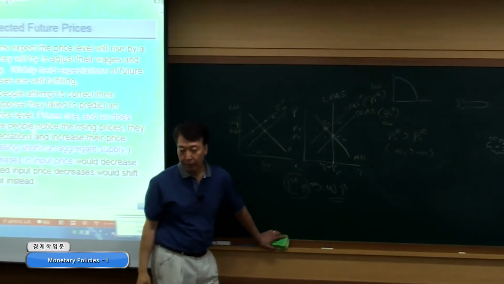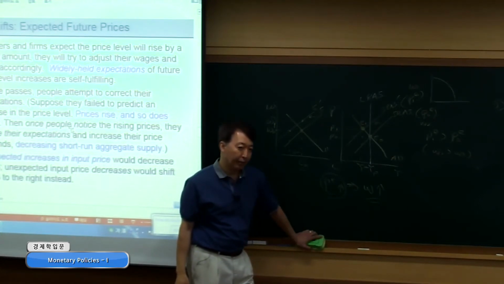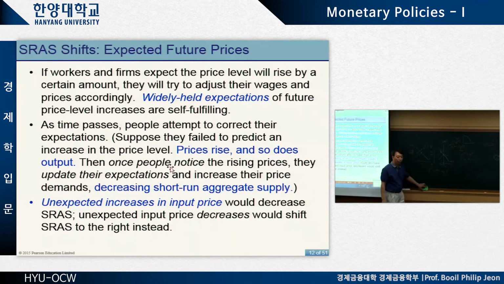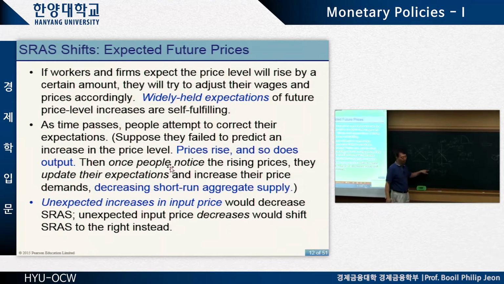This is what we call self-fulfilling prophecy. Even if there was absolutely no reason for this decline in aggregate supply, just because people believe that the price level will be higher in the future, they demanded higher wages.